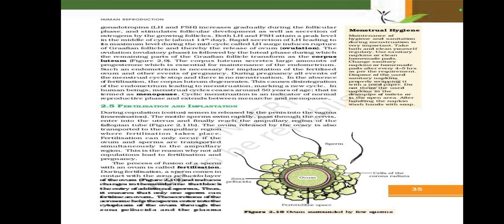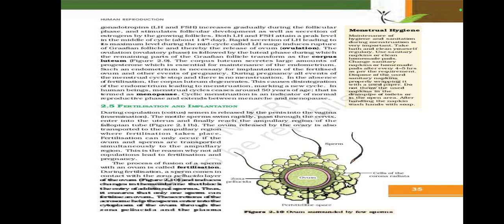The ovum released by the ovary is also transported to the ampullary region, where fertilization takes place. Fertilization can only occur if the ovum and sperms are transported simultaneously to the ampullary region. Now, why does not all copulation lead to fertilization and pregnancy?